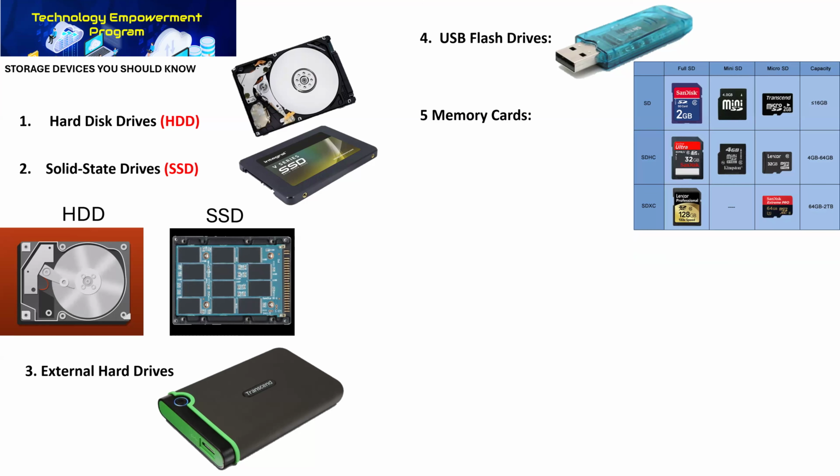I think the professional cameras still have slots for full SD, but even then, they now have an adapter where you can connect your micro or mini and still connect it to the camera.